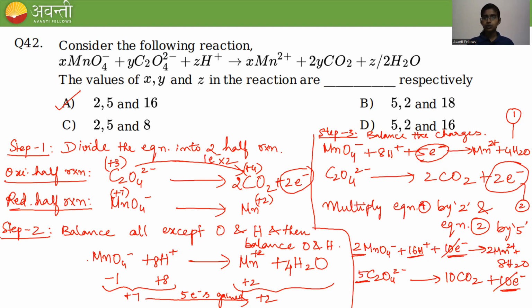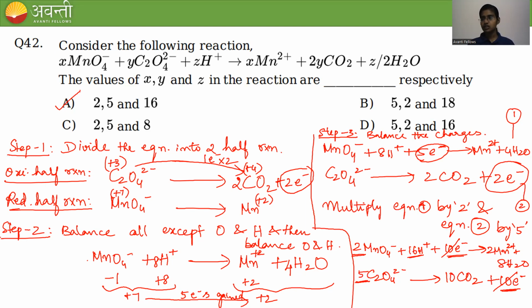So what you do for the half reaction method: divide the given equation into 2, oxidation and reduction half reactions. Balance all the atoms except oxygen and hydrogen, and then balance oxygen and hydrogen also by adding H plus and H2O. Okay, now all the atoms are balanced. Now to balance the charges, I am adding electrons on the left hand side.